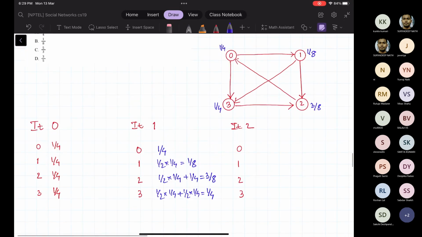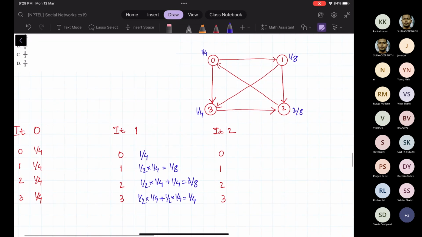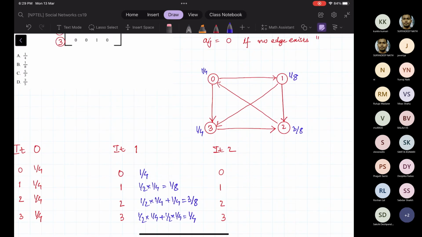Okay, so now coming to iteration 2. Node 0 has one incoming edge, from node 2, so it gets the entirety of the page rank of node 2, which is 3/8.